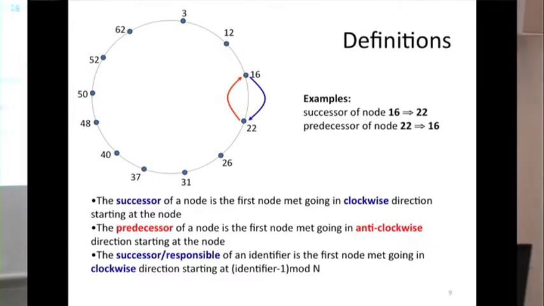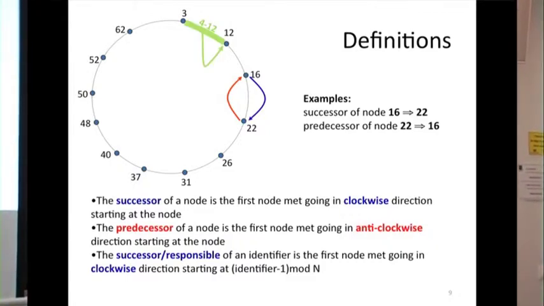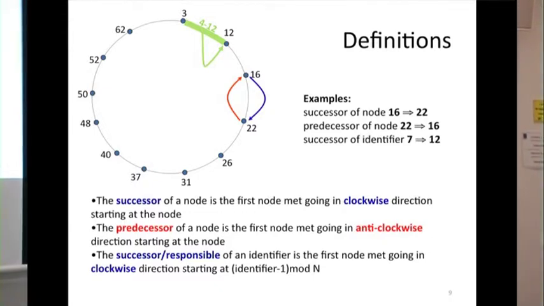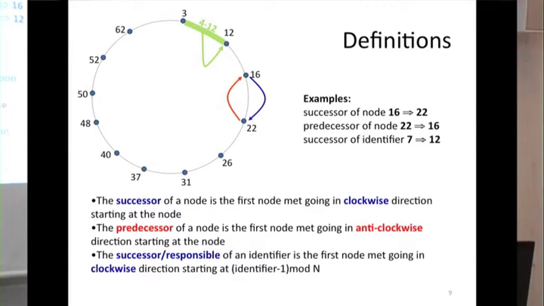For example, for all the identifiers from 4 to 12, the successor is 12. This we call a responsibility: 12 is responsible for all the keys from 4 to 12. For example, 7 lies somewhere here, so the successor of 7 is 12, so 12 is responsible for 7. Similarly, for 12, the node itself is responsible for that identifier.